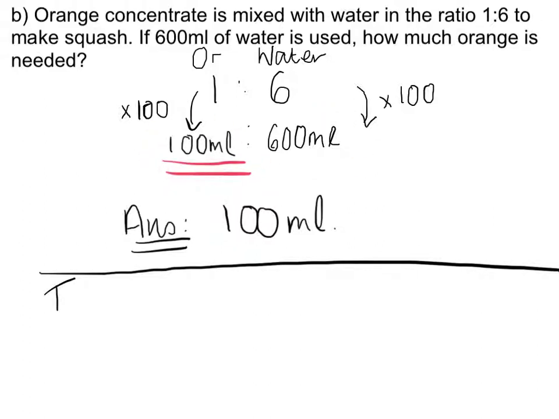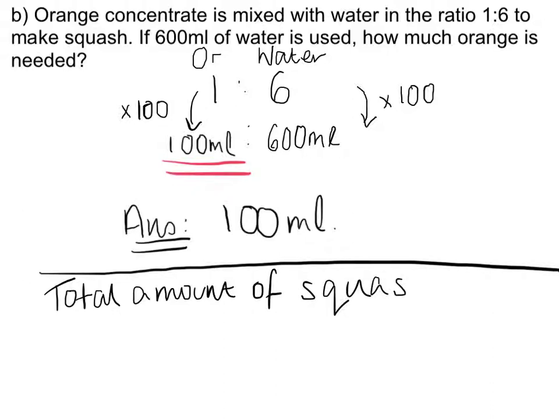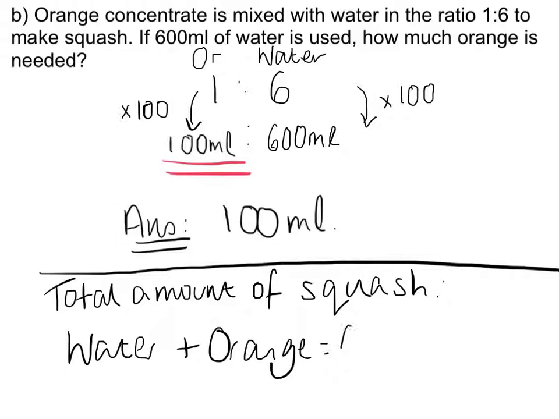So if it asks for the total amount of squash, which it could do, all you would do is just add together the amount of water and the amount of orange, which is just, for this example, 600 plus 100, giving you a final answer of 700 millilitres.